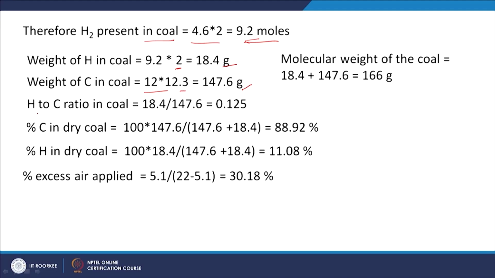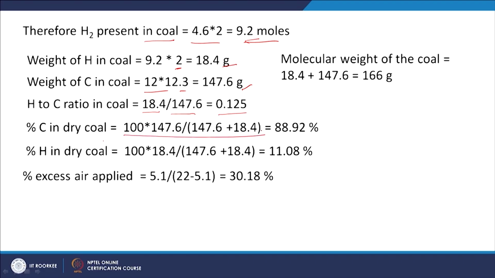So, the weight ratio of hydrogen to carbon in coal is 18.4 by 147.6, that is equal to 0.125. The percentage of carbon in dry coal is 147.6 divided by 147.6 plus 18.4, into 100.